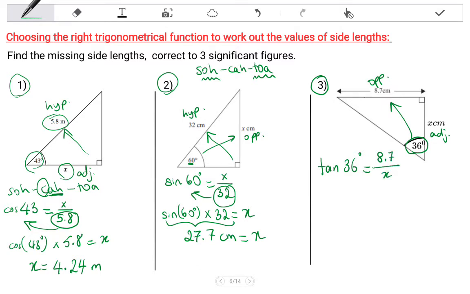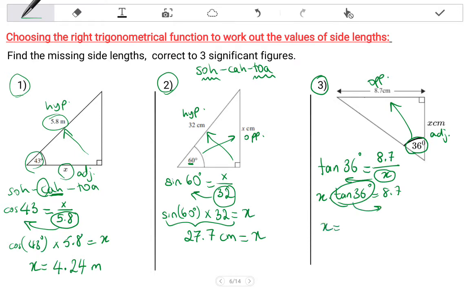And this is an equation. I'm going to leave x alone. First of all, if it is confusing for you, you can take x to the other side. It goes by times. Then take tan 36 to the other side by dividing.